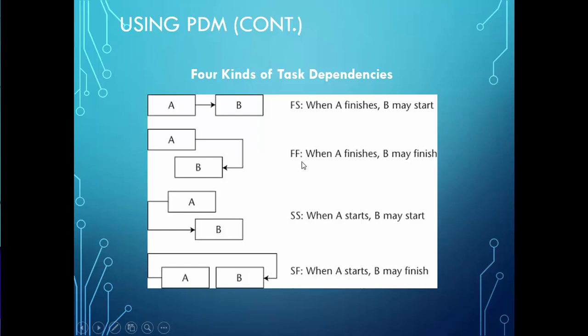Finish to finish means that when A finishes, B may finish. That means we already started B during the execution of A, but we cannot finish B until we finish A first.